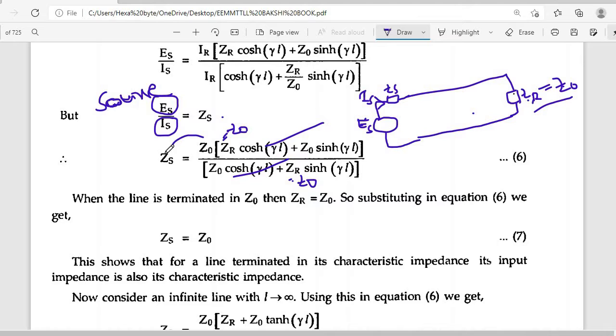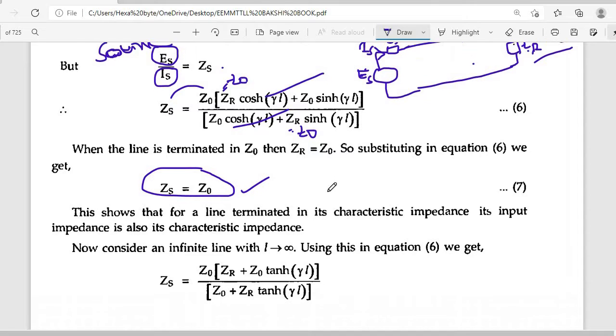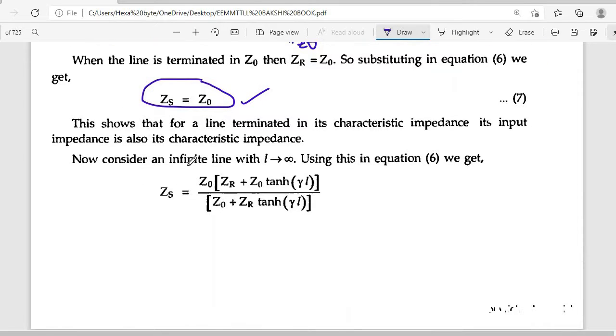So finally Z0 is equal to ZS. That is the statement: the line terminated in its characteristic impedance has its input impedance also equal to the characteristic impedance. Now consider an infinite line with L tending to infinity, so our infinite line goes up to infinity.